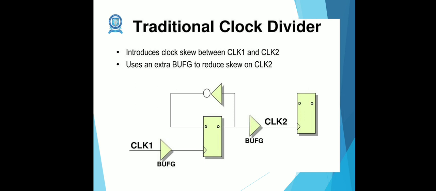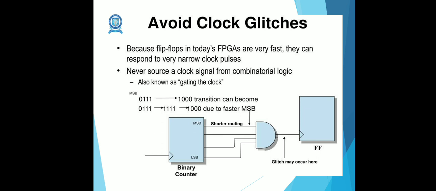There are two types of clock skew: negative skew and positive skew. Positive skew occurs when the receiving register receives the clock tick before the transmitting register. Negative skew is the opposite, that is, the transmitting register gets the clock tick later than the receiving register. And clock glitches may cause the design to malfunction when the data paths are short.